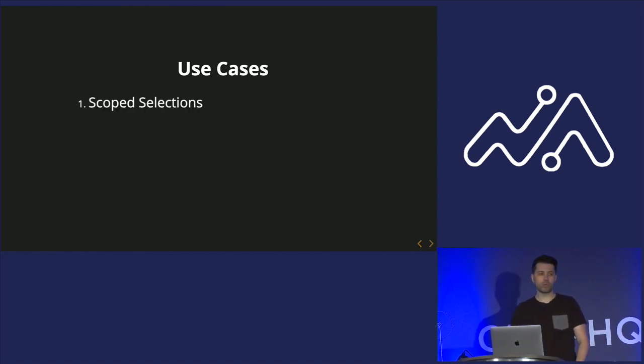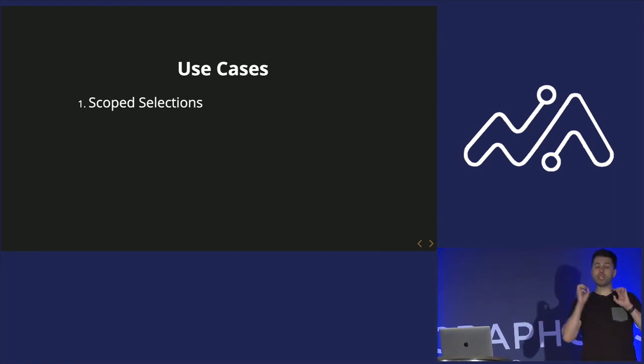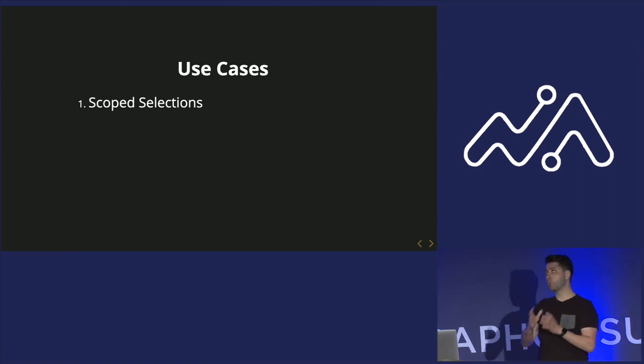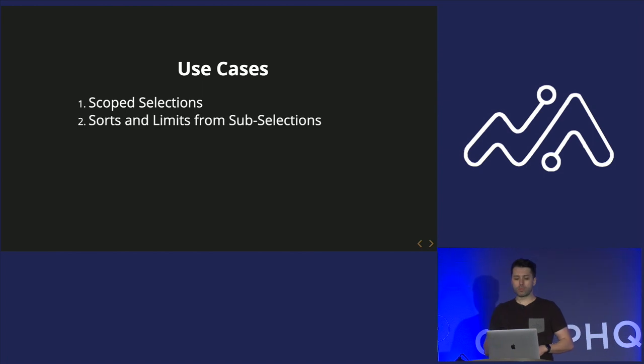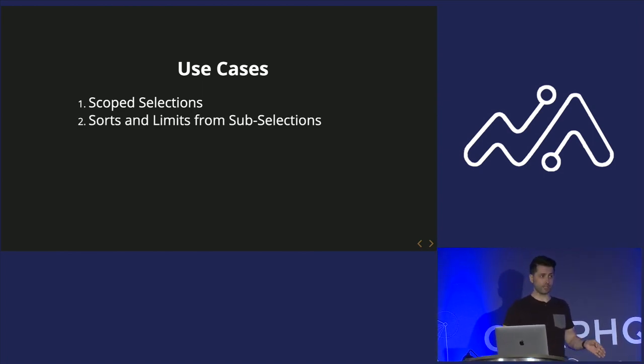So the first one we'll talk about would be scope selections. That would be taking the information from the GraphQL query itself and using that to inform our database which fields it should give back. We'll talk about sorts and limits for sub-selections, so basically passing arguments into a sub-selection of a query.